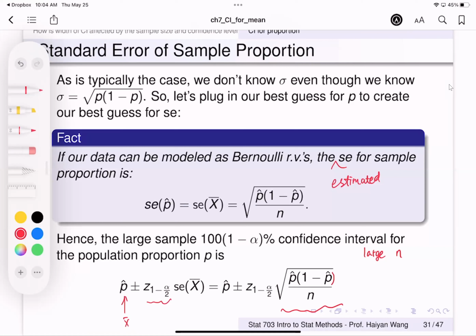Even though you're thinking of using the normal approximation, we have seen in chapter 5 that the normal approximation requires a very large n in order to not be skewed.